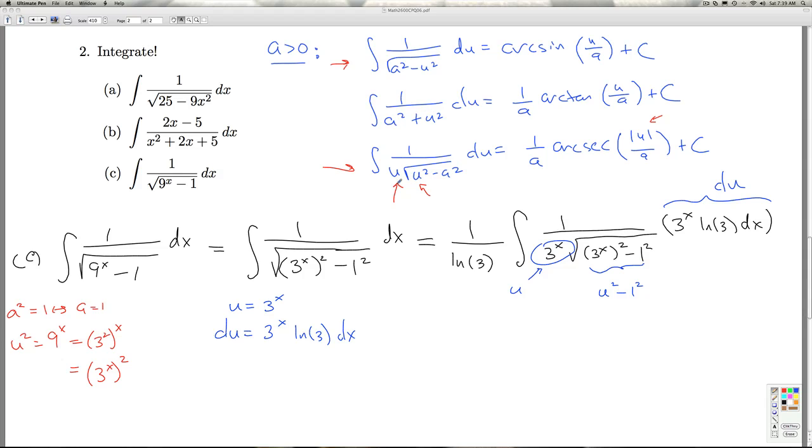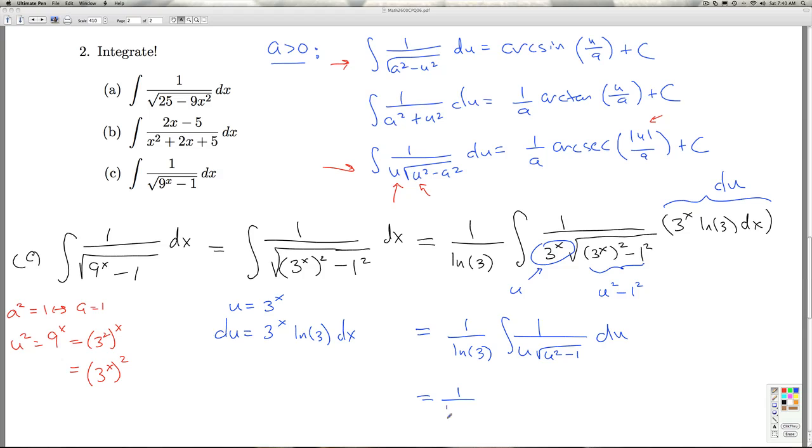All right, so now I'm all set to apply the arcsecant formula. So in the land of u, I have 1 over the natural log of 3 times the integral of 1 over u square root of u squared minus 1 du, which gives me, since a is 1, 1 over a is 1, absolute value of u over a is absolute value of u.